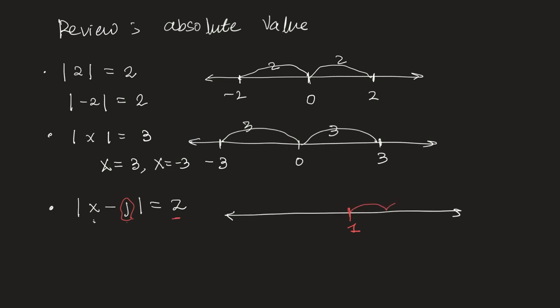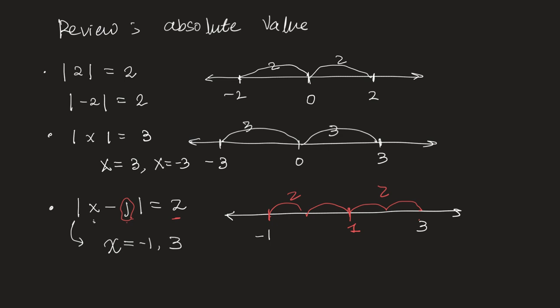So you go to 2 right here, and 2 right here. Go to the right 2, that makes 3. Go to the left 2, that makes -1. So the x values here are -1 and 3. Everyone understand absolute value meaning?